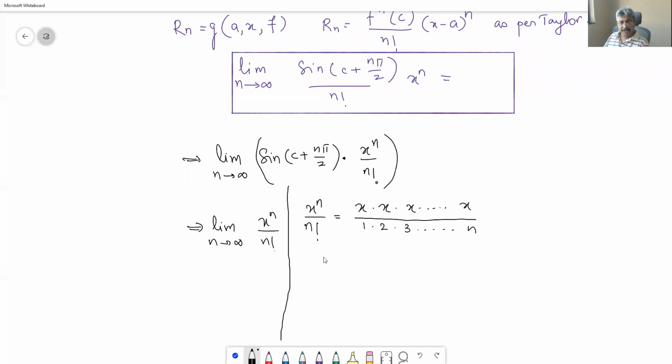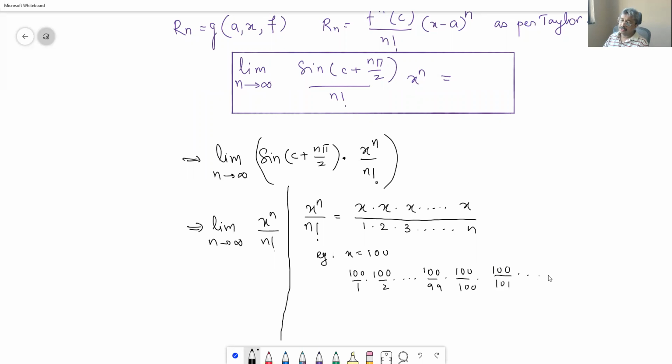Okay, so for example, x is equal to 100. So we have this ratio as 100 upon 1 into 100 upon 2, and so on, until we reach 100 upon 99 into 100 upon 100 into 100 upon 101 and so on.